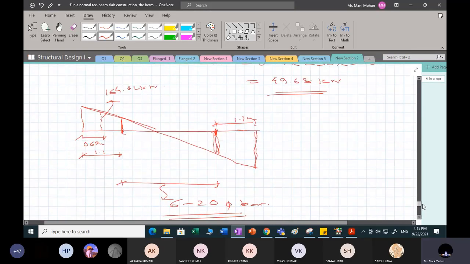So I need to make sure where exactly this 139.08 kilonewton is lying in this zone. So say it is lying at a distance x from your left support.